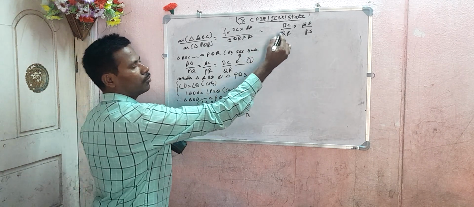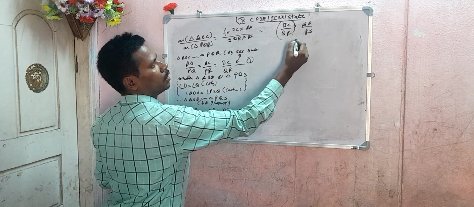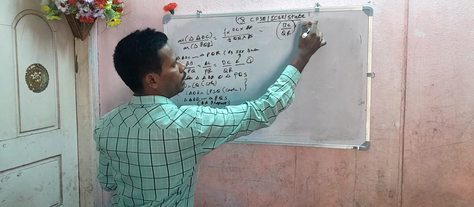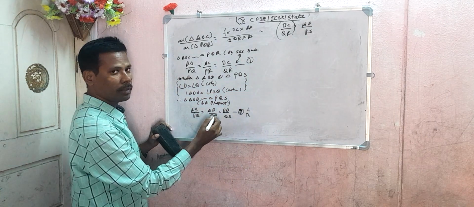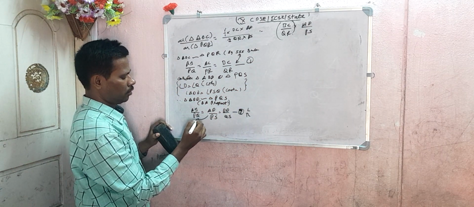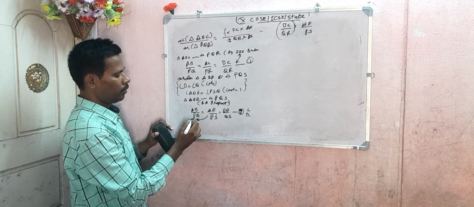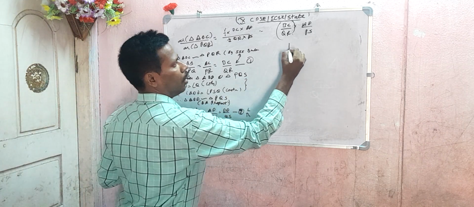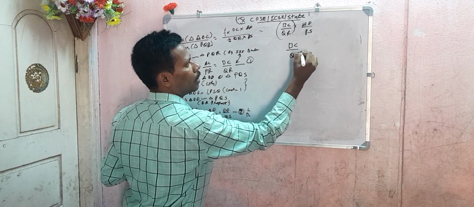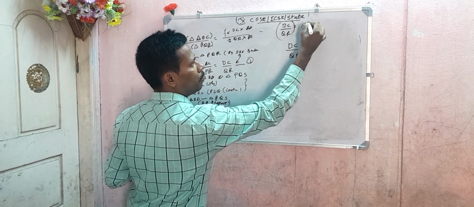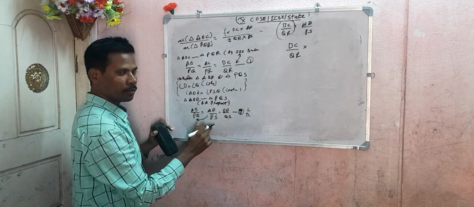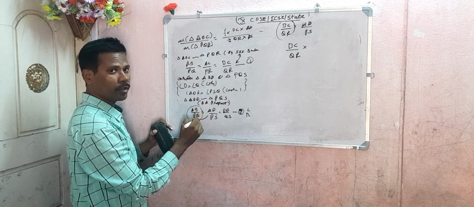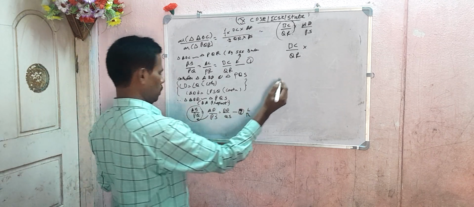Now observe this carefully. AD by PS, what can you write? BC by QR into AD by PS. In place of AD by PS, I can write AB by PQ, because from 2.